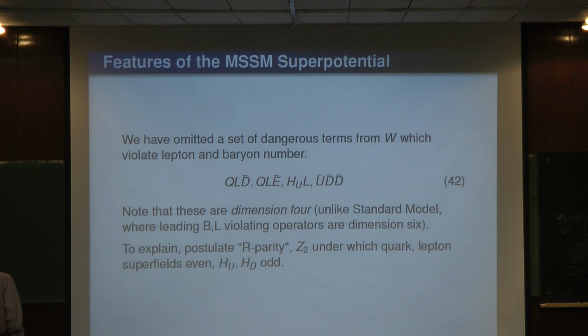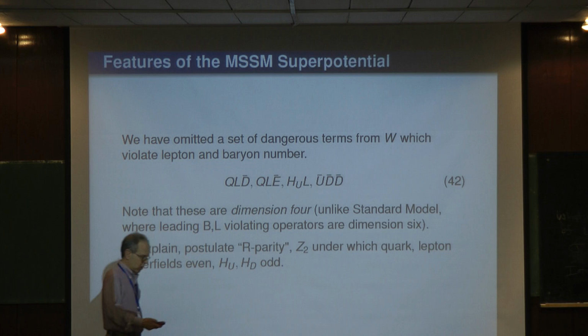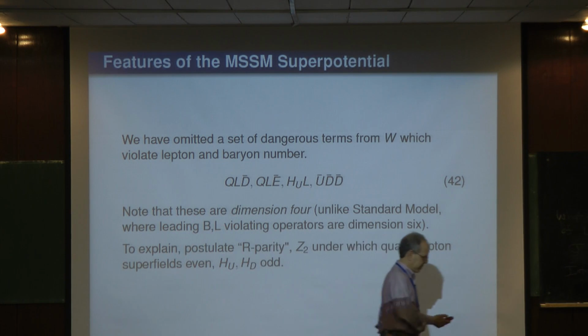But you can just convince yourself in a rough way that this is really a very promising setting for understanding the dark matter. And it's one of the very appealing features in general of supersymmetry.